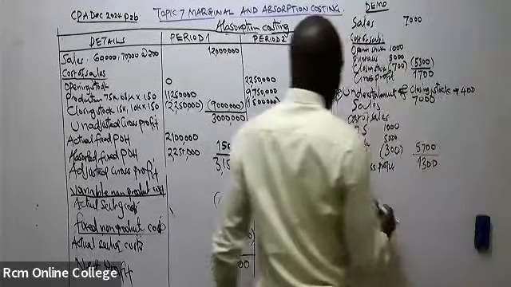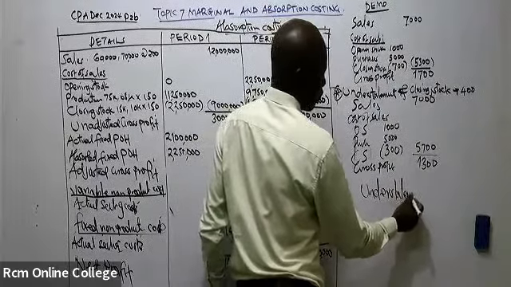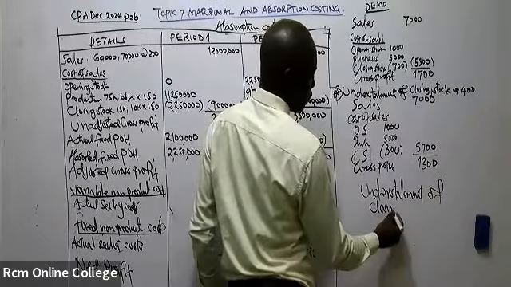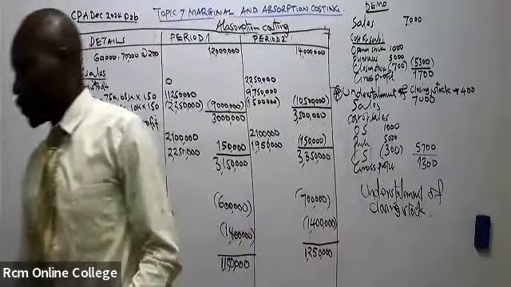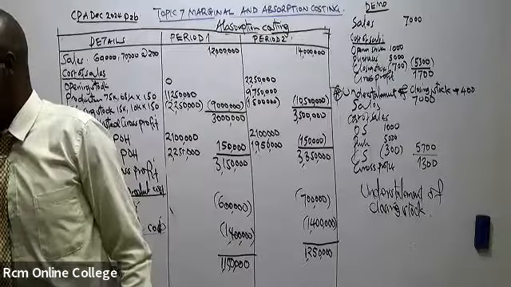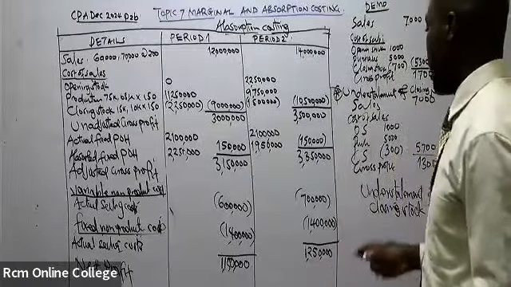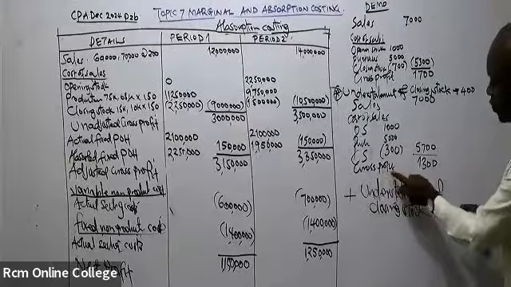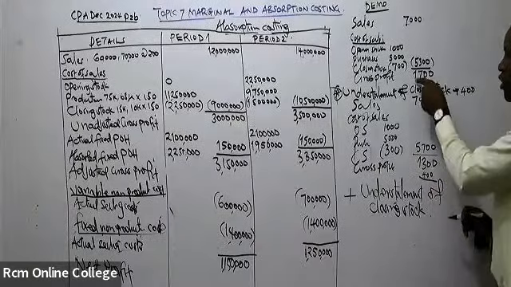What should I do with the understatement of closing stock? We add back the understatement. Is it true that if I come to this gross profit and add the understatement of 400, it will give me the original gross profit?